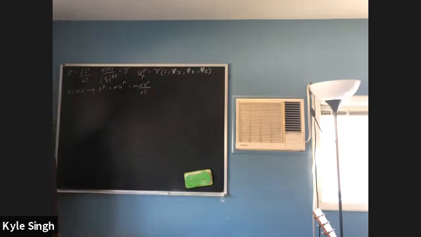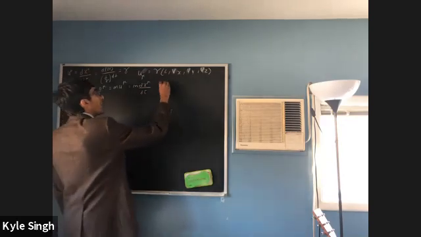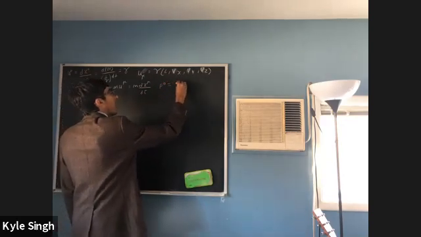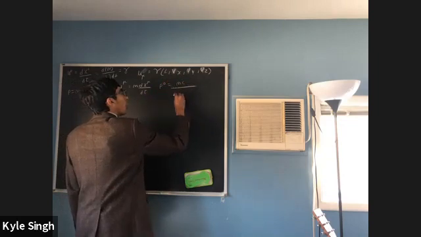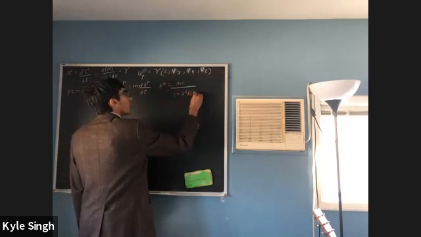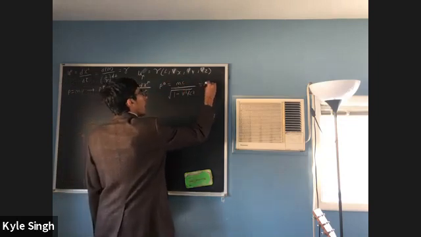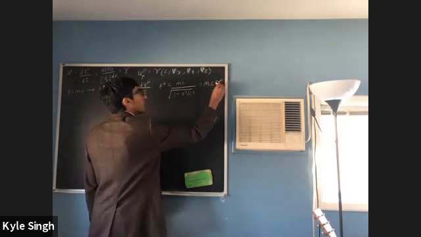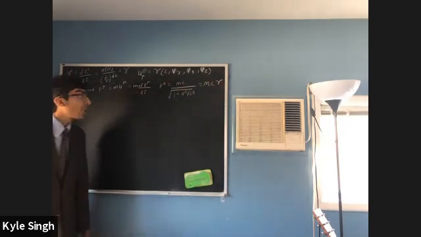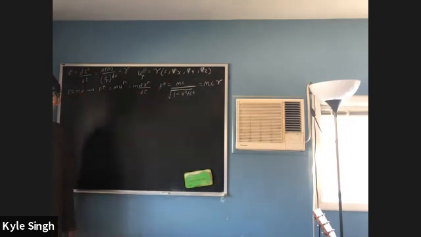That's my four-momentum. Once again, we need to define these objects. We define p^0 as mc over the square root of 1 minus v squared over c squared, i.e. mc gamma. That's the 0th component of the four-momentum.